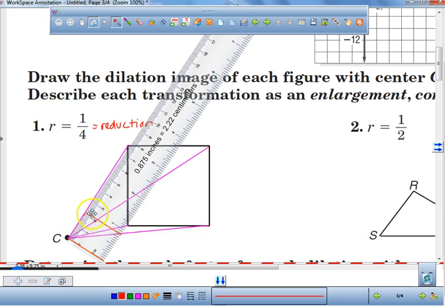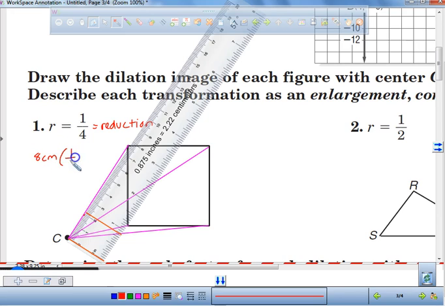So whatever your measurement is, what was this original? This was about 8 centimeters. If I take 1/4 of that, that's going to go down to what? 2 centimeters. Because 8 times 1/4, by the way, 8 times 1 is 8, divided by 4 is 2.